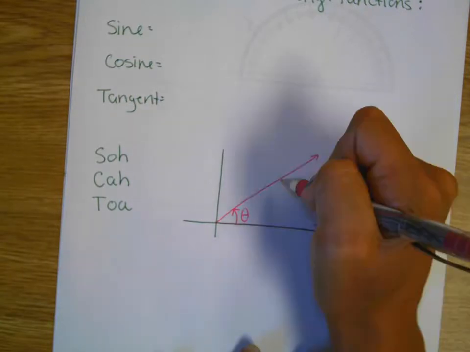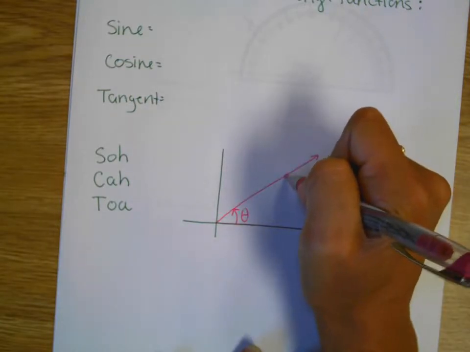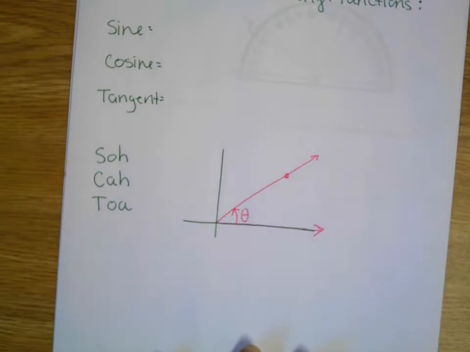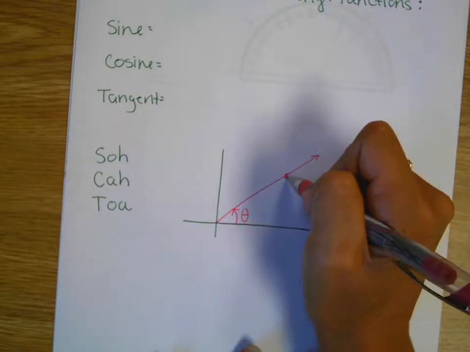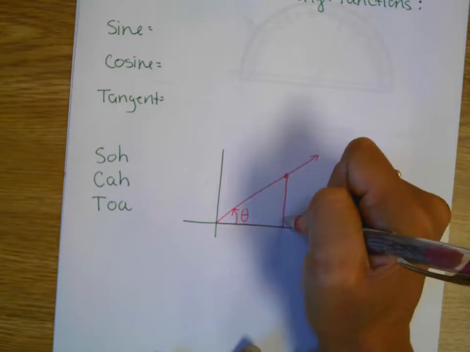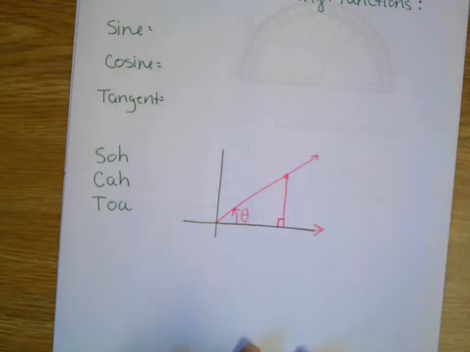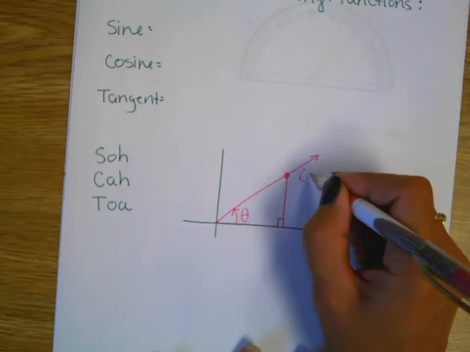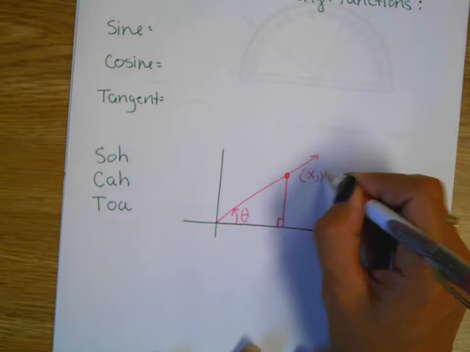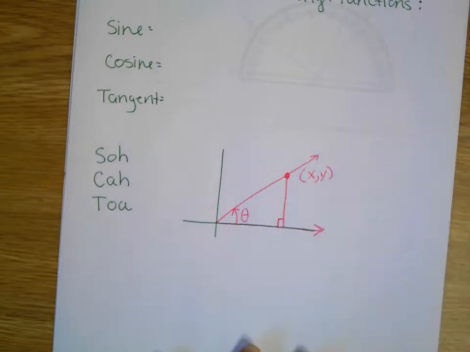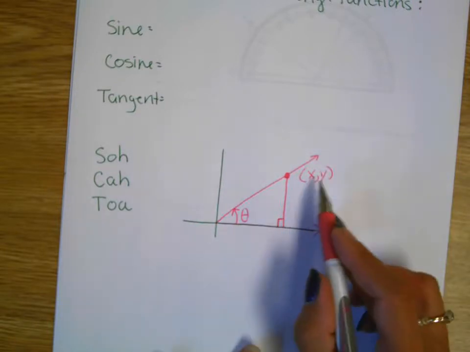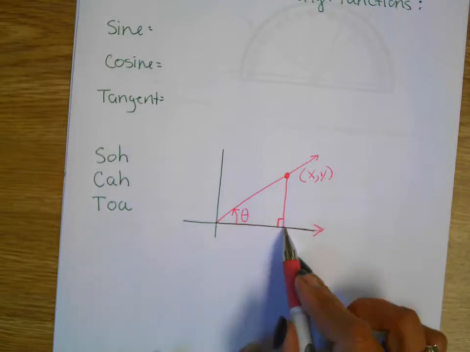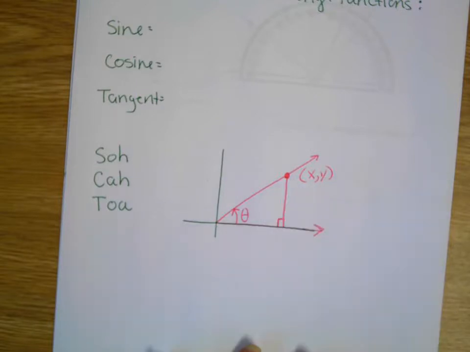Then we take a point on that ray, drop vertically straight down, and make a nice right triangle. If we know this ordered pair, it has an x value and a y value. The x and y values give us the lengths of the two legs of our triangle.